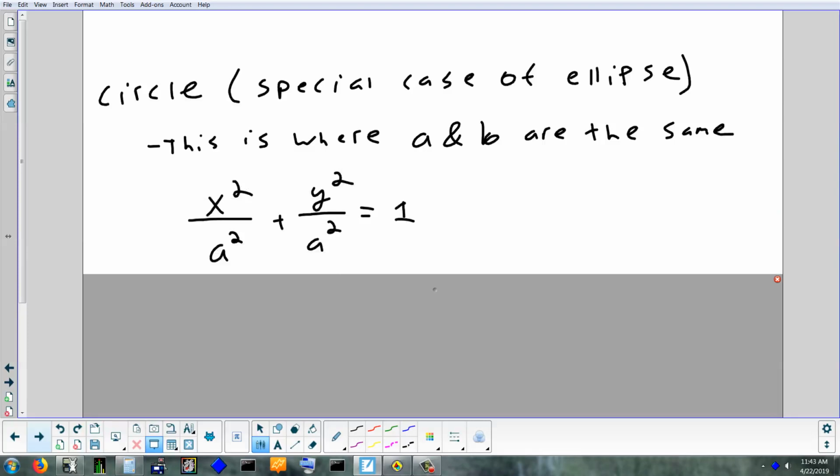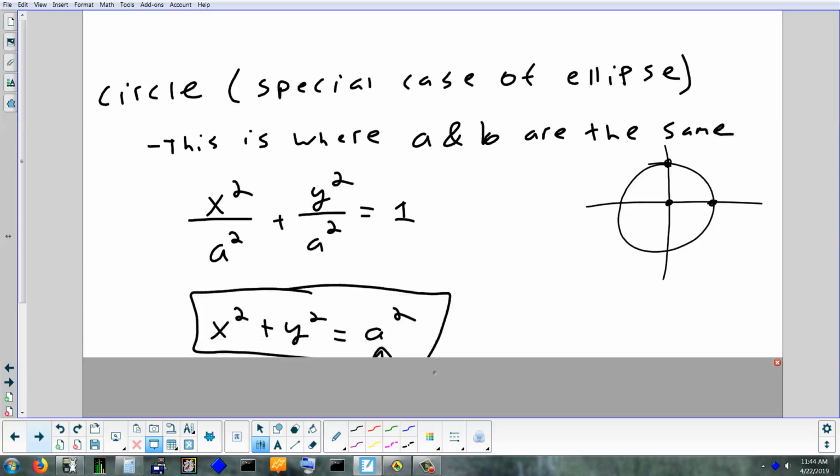Because in a circle, if you pretend that's my major axis and that's my minor axis, well, that doesn't really apply. They're the same. The major and the minor axis, you can't tell the difference between the two. So the distance from the center to the vertex or from the center to the minor axis doesn't matter. It's the same distance.